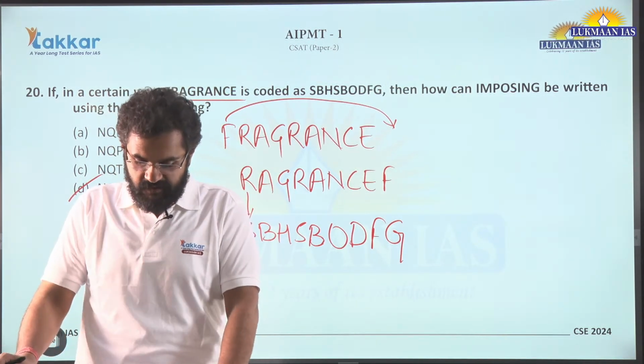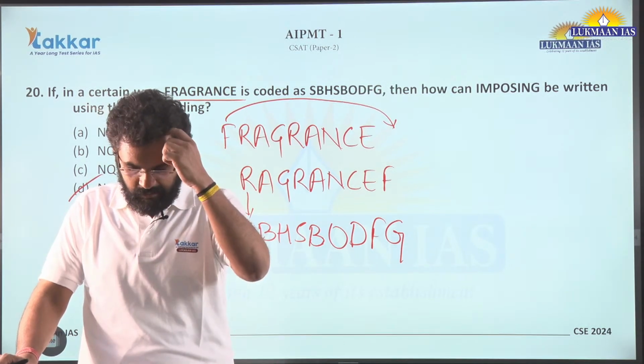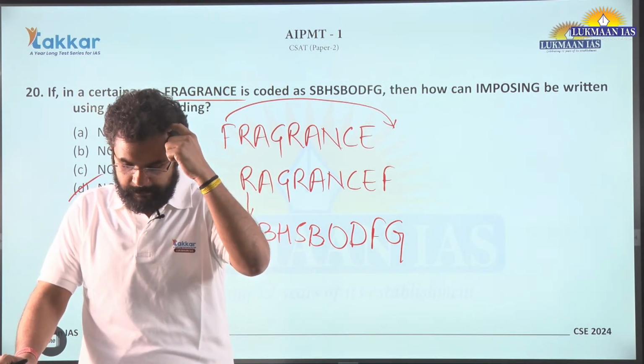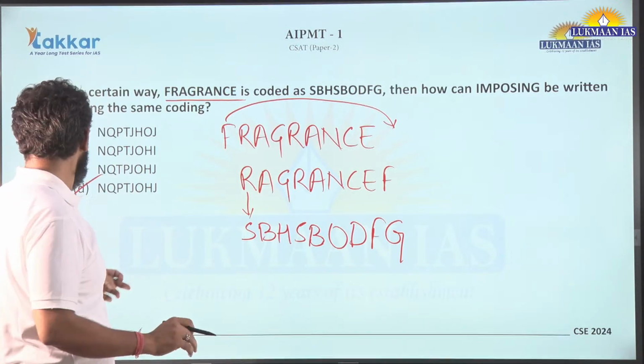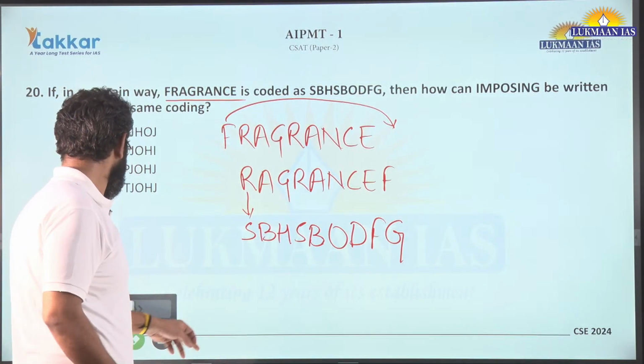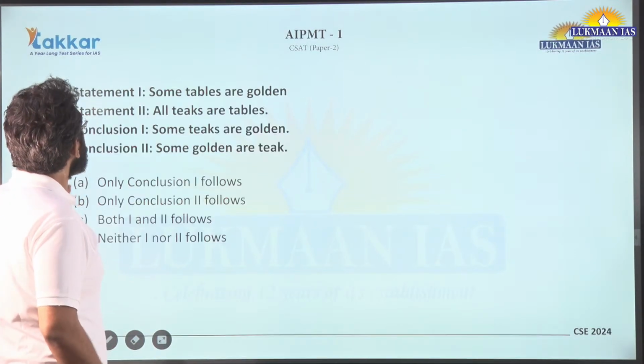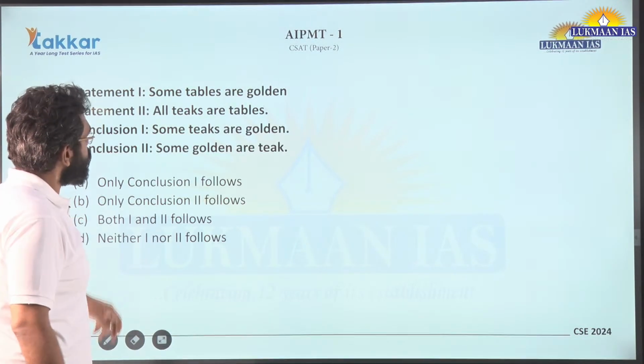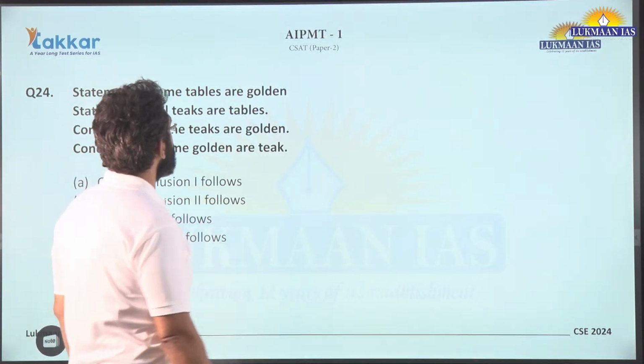Do we need to discuss this question of tables golden on statement 1 and 2 conclusion? Okay, let's try it one by one. So the statement given is some tables are golden.